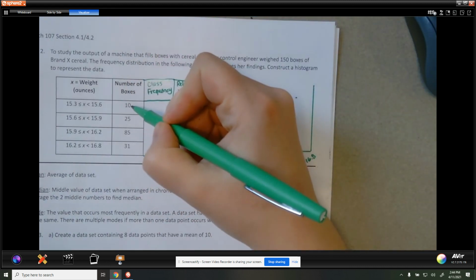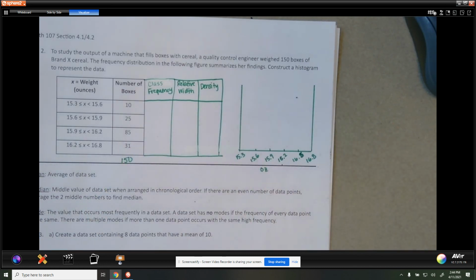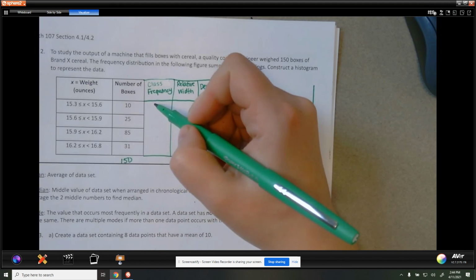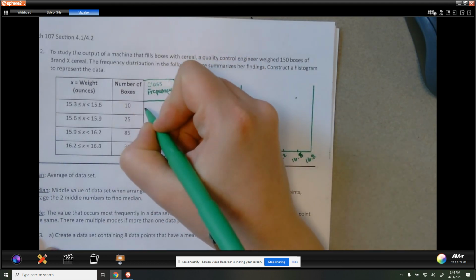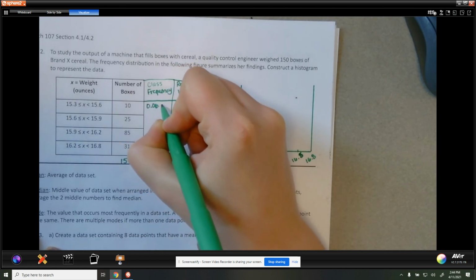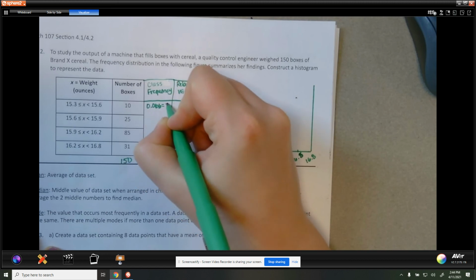So let's get our total number. Our total number of boxes was 150. So 10 divided by 150 is 0.066 repeating, which is about 7%.